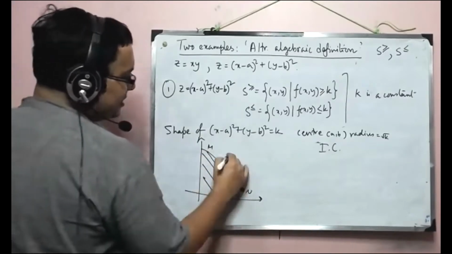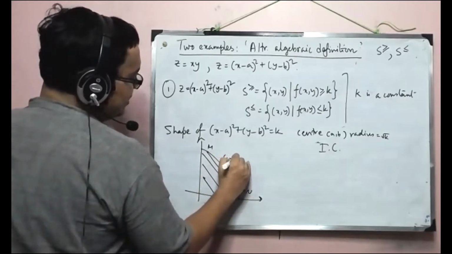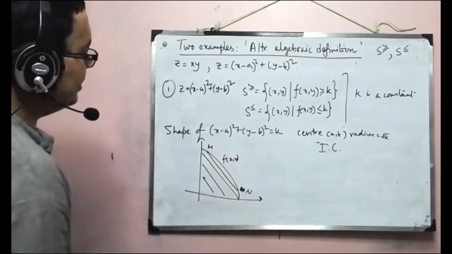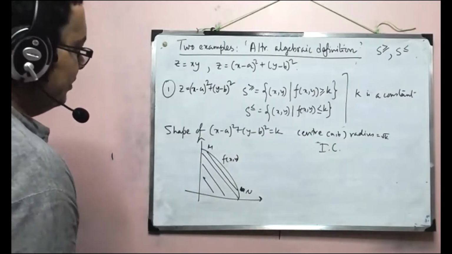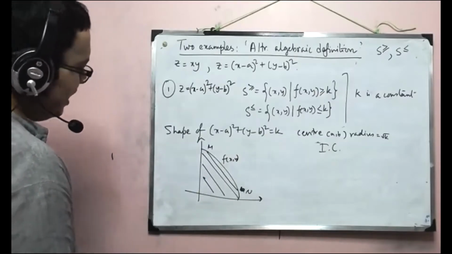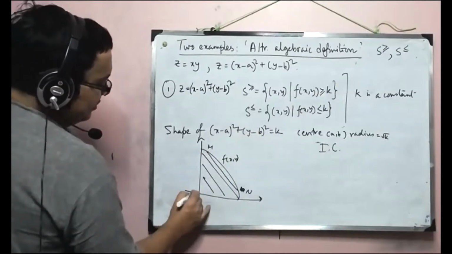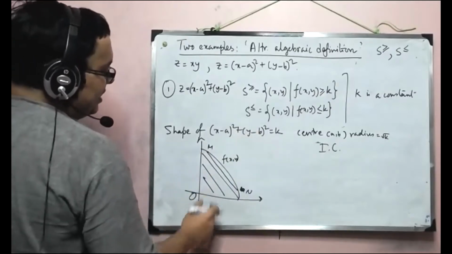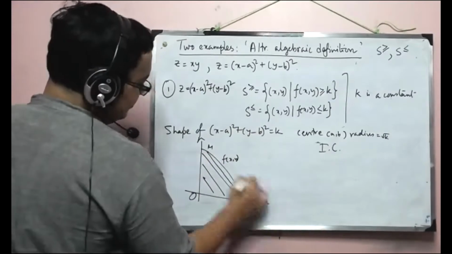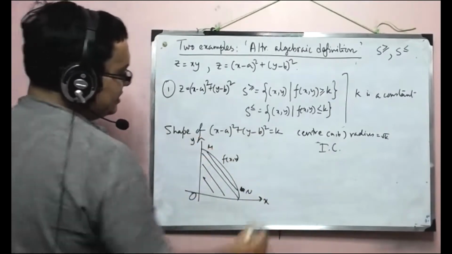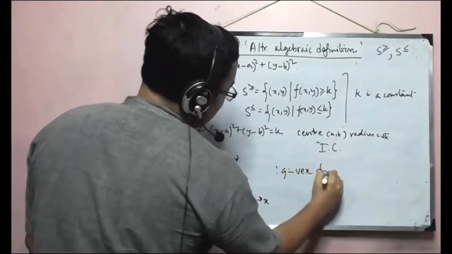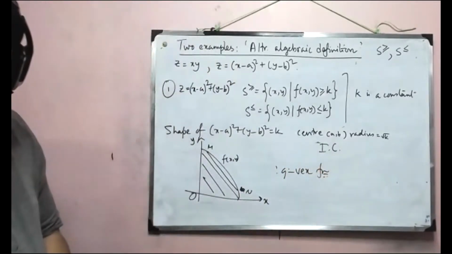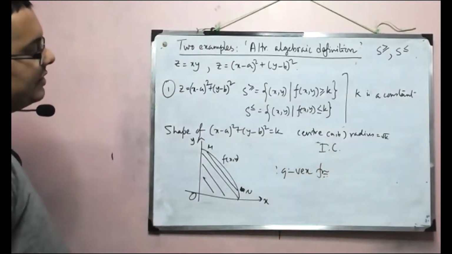So that means the f of xy that we are trying to look at, fixing some k, will be under it. So the convex set appears below it. That says we are looking at a quasi-convex function. So this is how we use the algebraic definition.